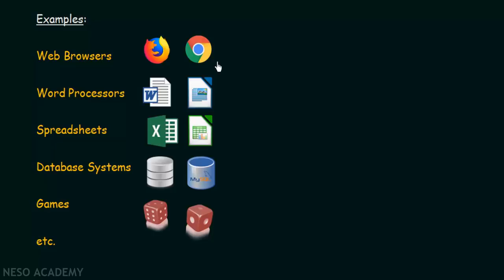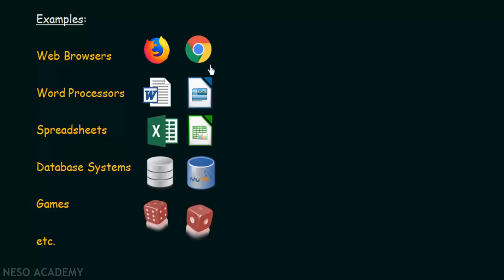I'm not saying that specifically Mozilla Firefox and Google Chrome will be provided with your operating system, but based on the operating system that you are using, one or more web browsers may be provided along with it. For example, in your Windows operating system, you have Internet Explorer provided so that you can browse the web using that browser.